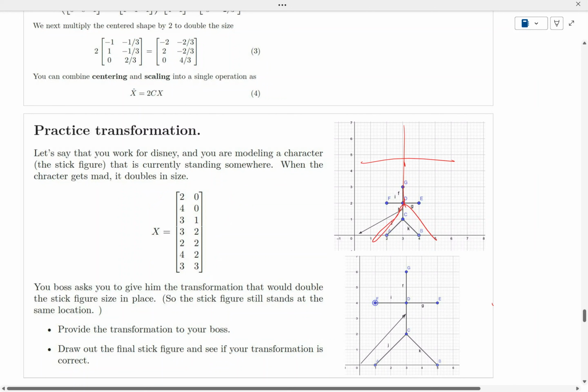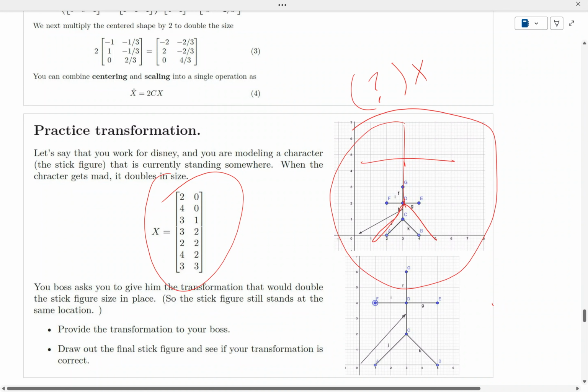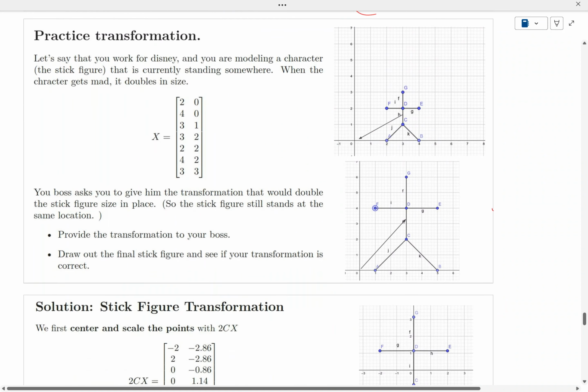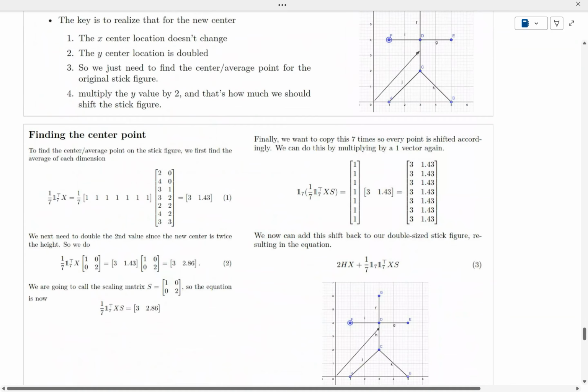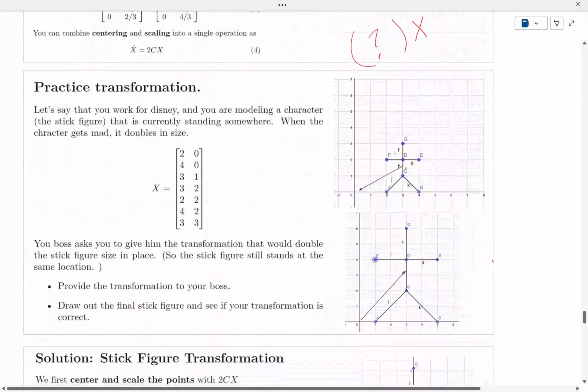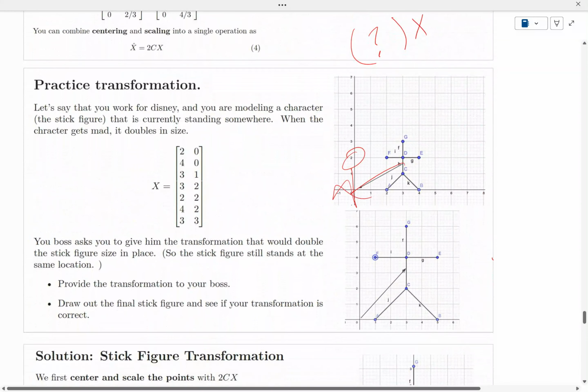How do you go from the original data, multiply by something that will create this transformation? Essentially doubling the size of your Disney character. And then see if you can draw out the final to make sure you got it correctly. So that's your next exercise. Okay. I provided the solution here as well as here. The key is you want to basically center and then double and then move it back.